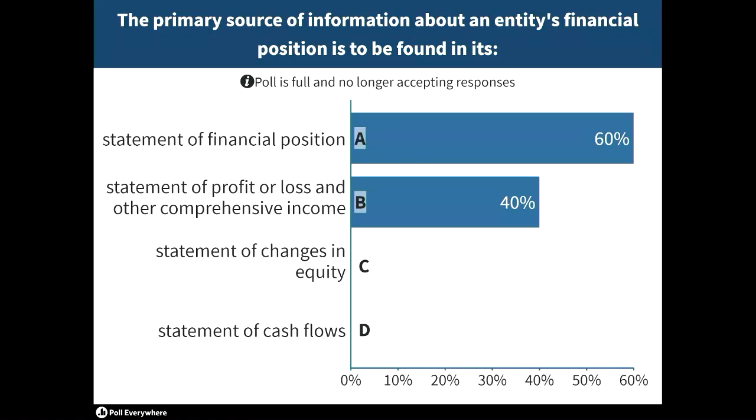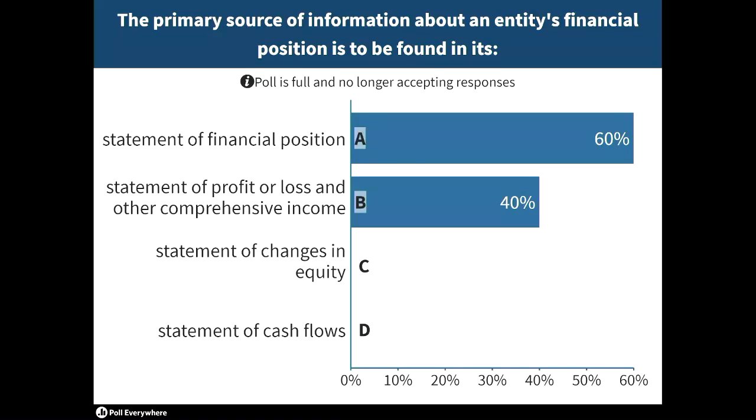For the profit and loss and other comprehensive income statement, we always have the preposition "for", for the period. Because financial position is always at a point of time, and the performance is always for a period.